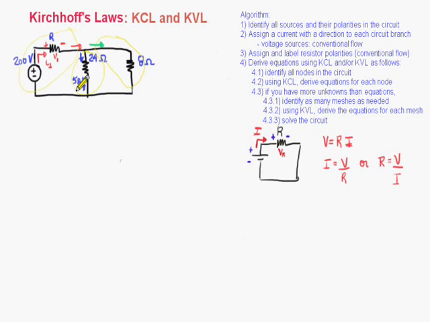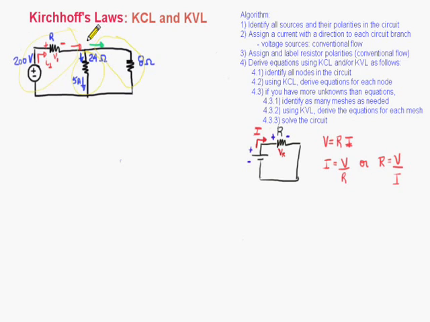I'm not going to change the direction because it is already given in this branch. This one I can assign either in this direction or going into the node in the opposite direction. I'm just going to imagine my current comes to this point, splits, and keeps going ahead.